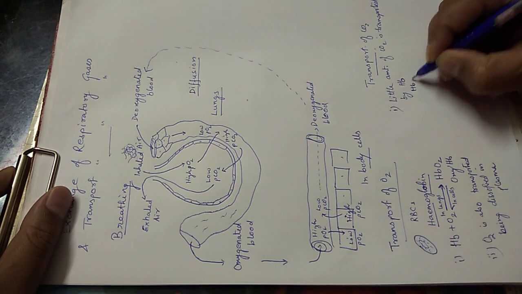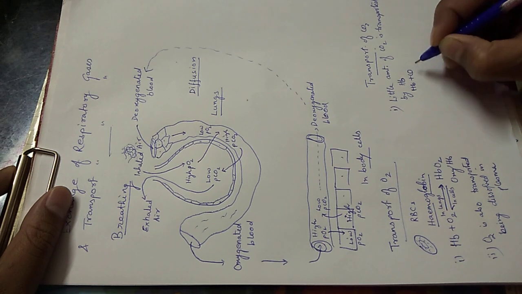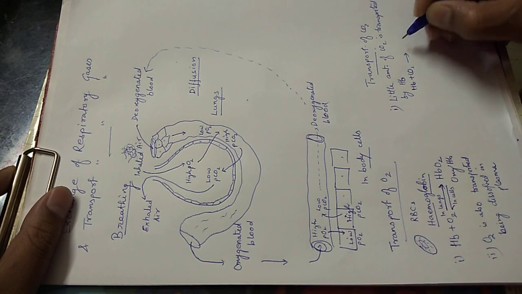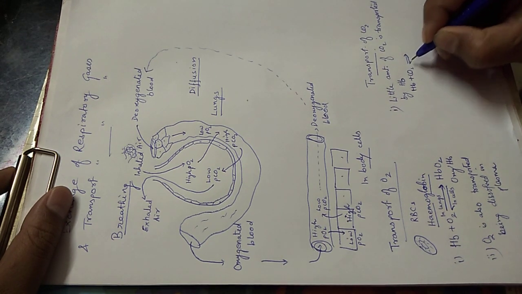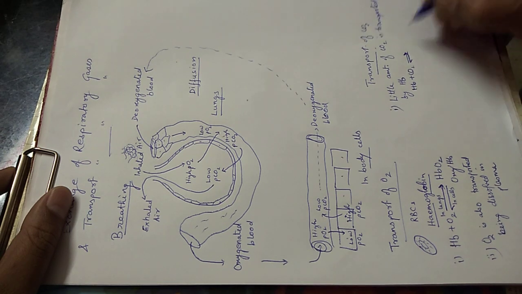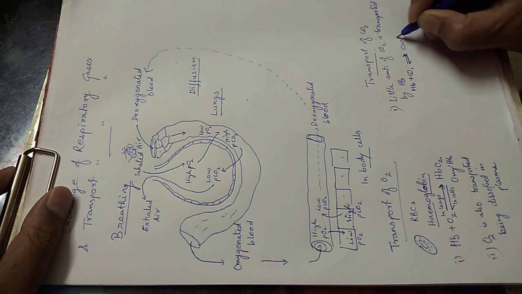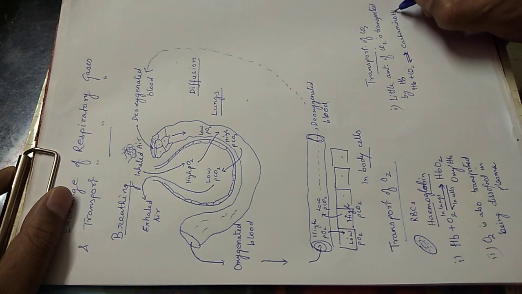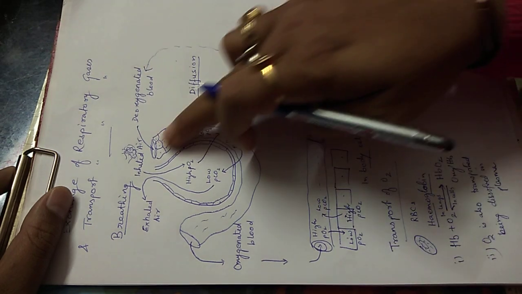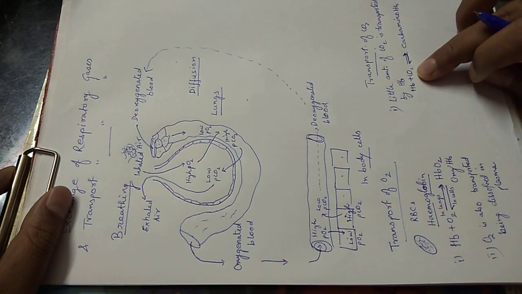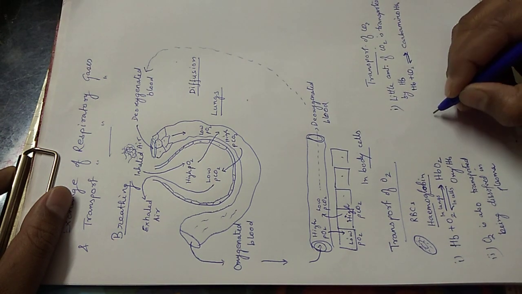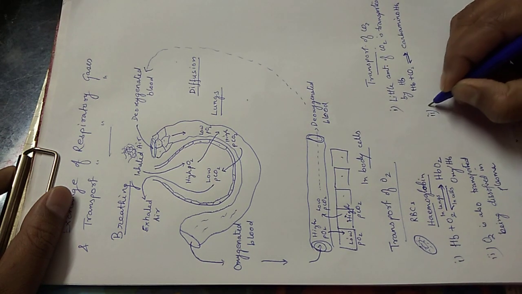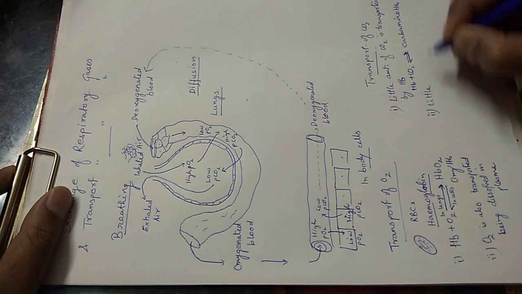Hemoglobin will combine with carbon dioxide and form an unstable compound which is called carbaminohemoglobin. When this reaches the lungs, it will break to release the carbon dioxide and hemoglobin will be free.